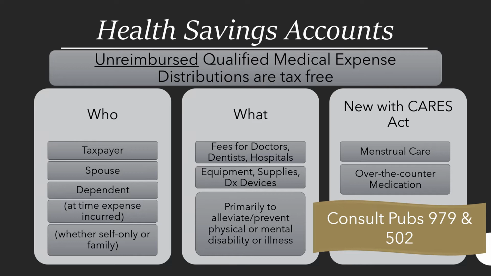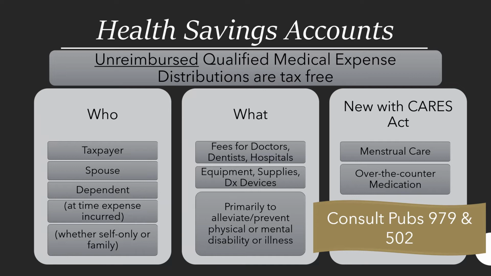So things that are for general wellness, like vitamins or gym fees, those don't count, but a lot of other things do count. Probably too many to list on a slide. So again, I would refer you to Publication 979, and especially Publication 502, which has a much more extensive list of the types of expenses that are qualified medical expenses.